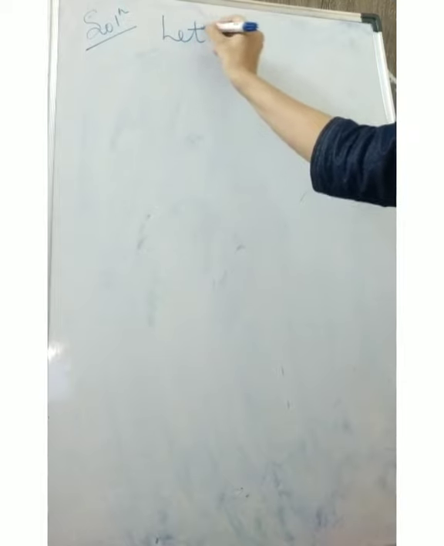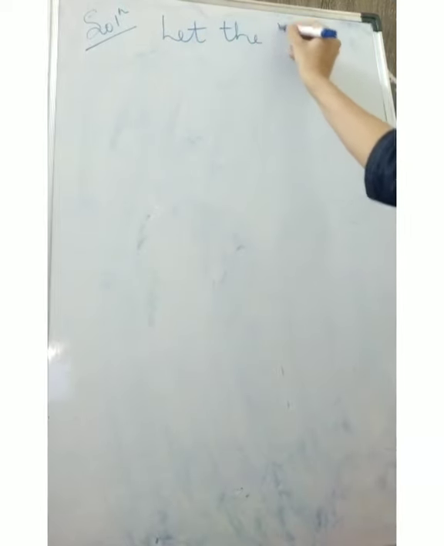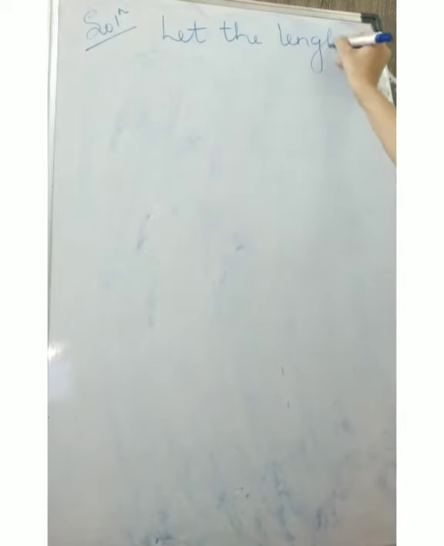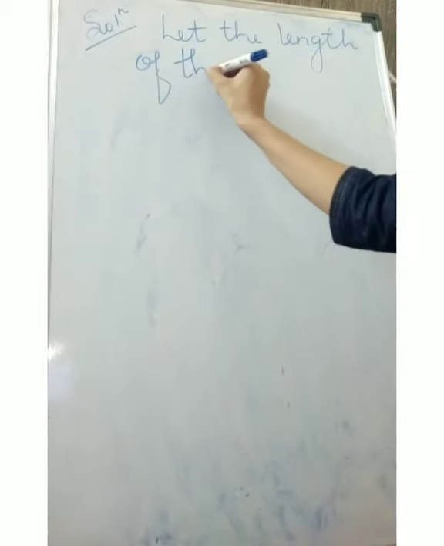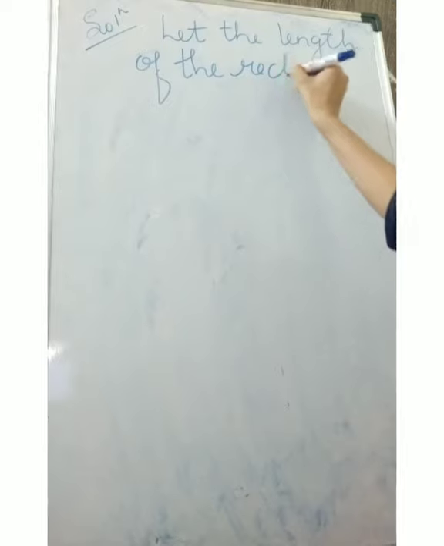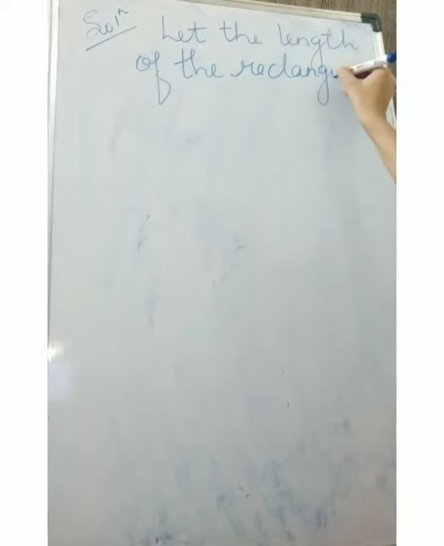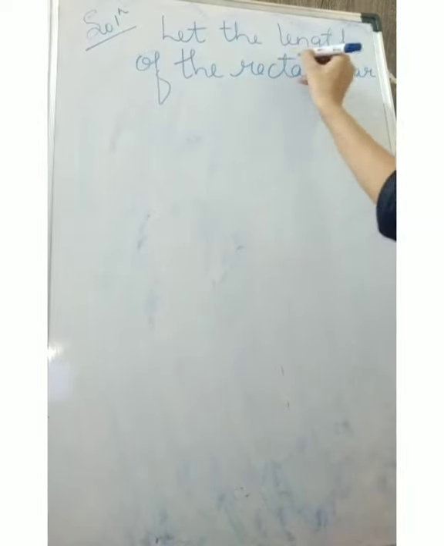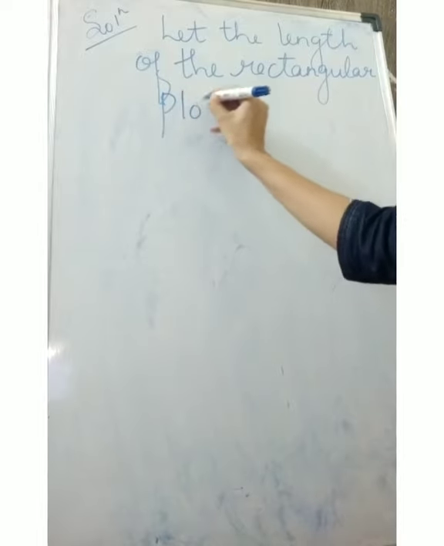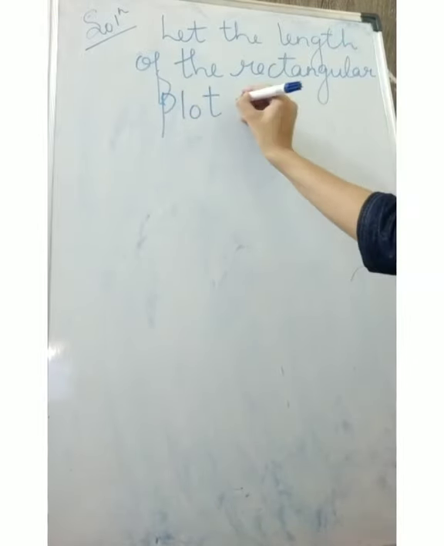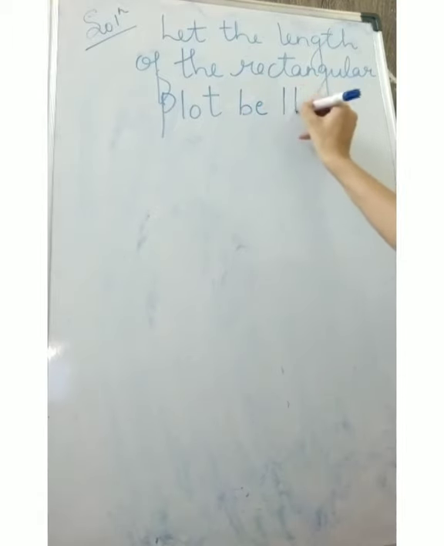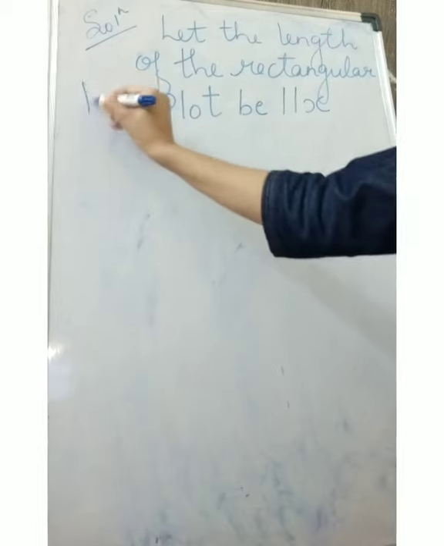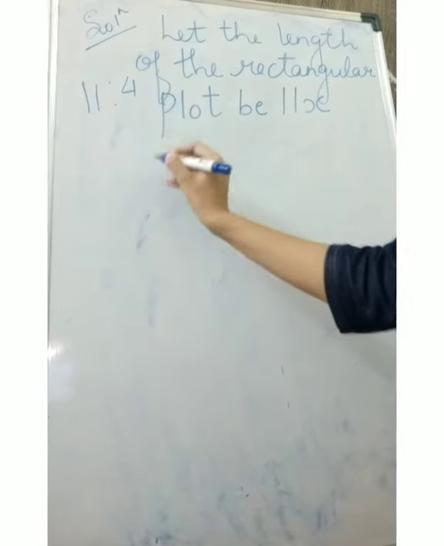So let the length of the rectangular plot be 11x because it is given in the ratio of 11:4.